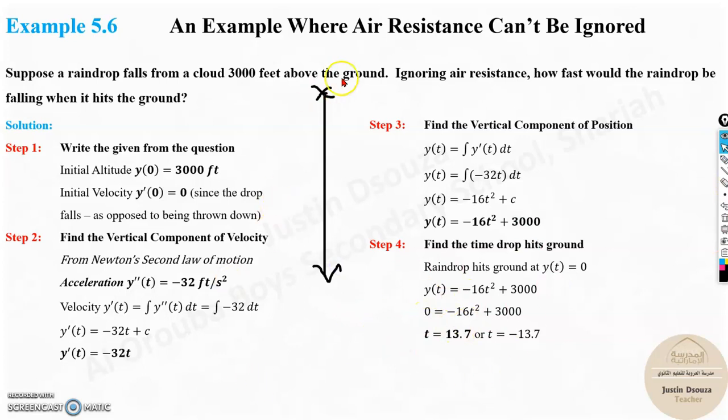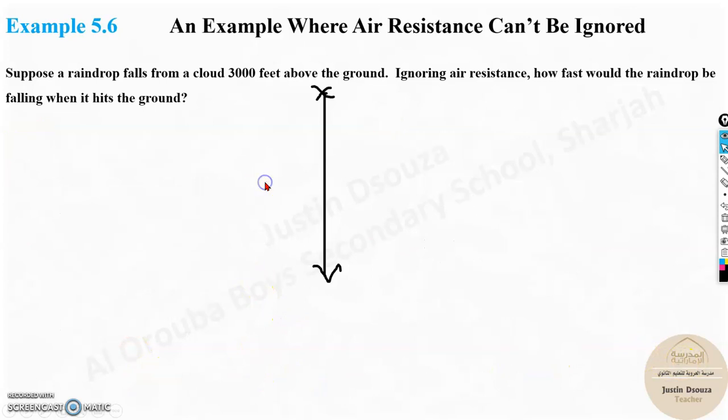Now, how do you find the velocity? What is the velocity equation? Substitute 13.7 instead of time. So the velocity when the raindrop is hitting the ground will be minus 32 times 13.7. So y dash of t equals minus 32t.